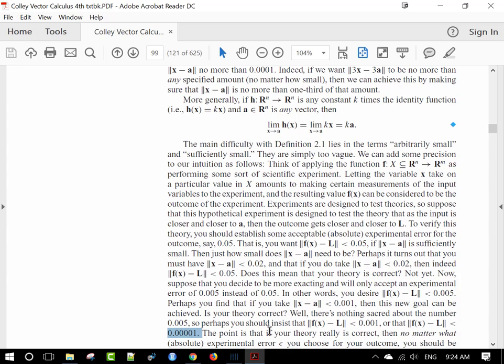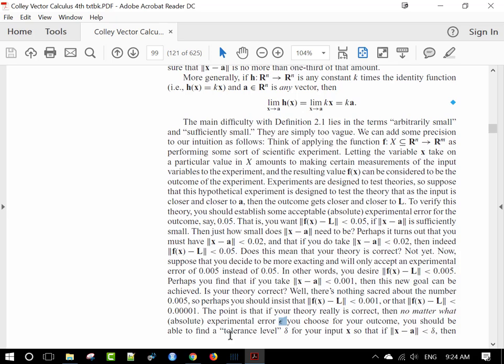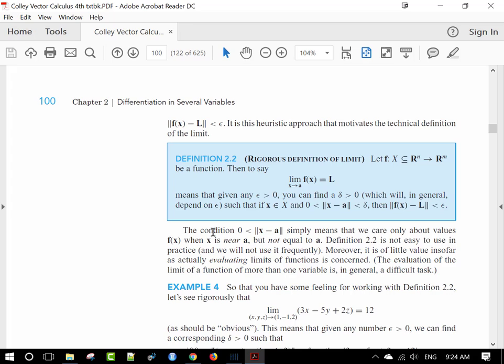The point is that if your theory is really correct, then no matter what absolute error, epsilon they call it now, you choose for your outcome, you should be able to find a tolerance level delta for your input x, so that if x is within delta of a, then f is within epsilon of L.